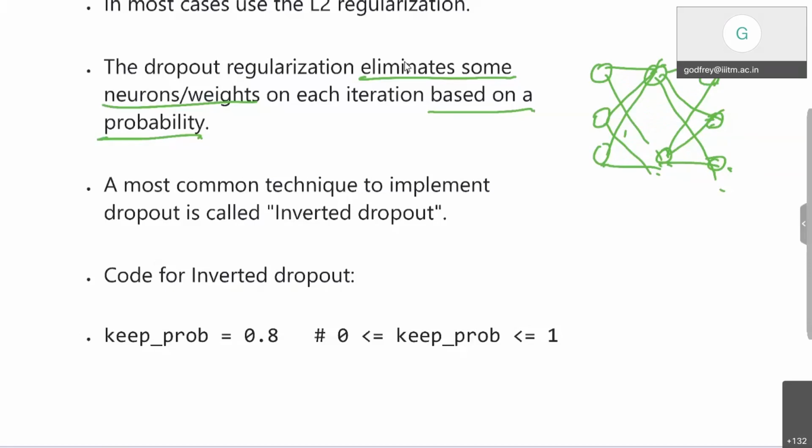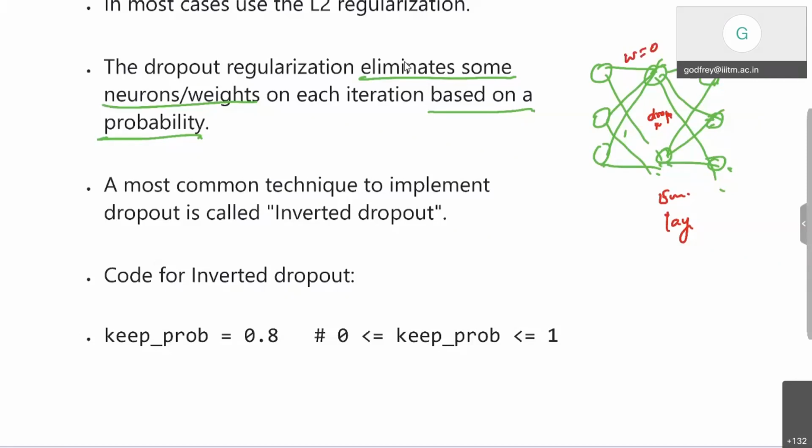Say for instance, now this particular neuron has been dropped out, right? So it means all the interconnections that were there have also been dropped, all the weights that could have been learned, all have been dropped. So this way, in every layer, we can remove some of the neurons. So this has the same effect as what you do with respect to regularization. You make the weights equal to 0 or weights close to 0.